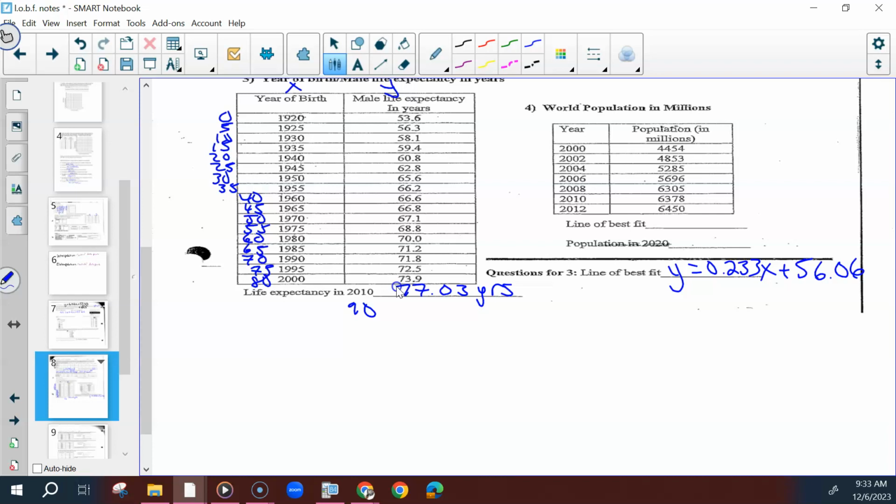Are there any questions about how to find the line of best fit? Or linear regression? Those words are interchangeable. You do have a Delta Math on this that is due on the 15th, so that is next Friday.